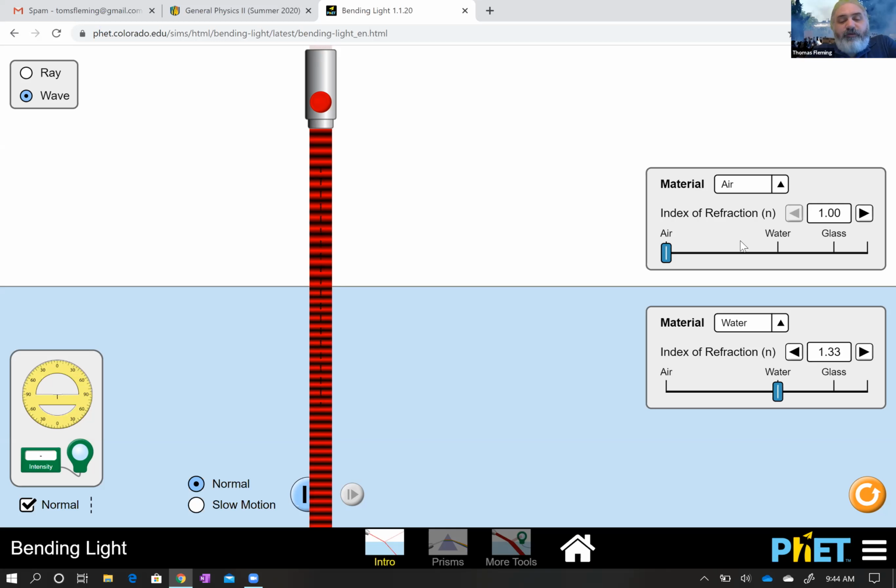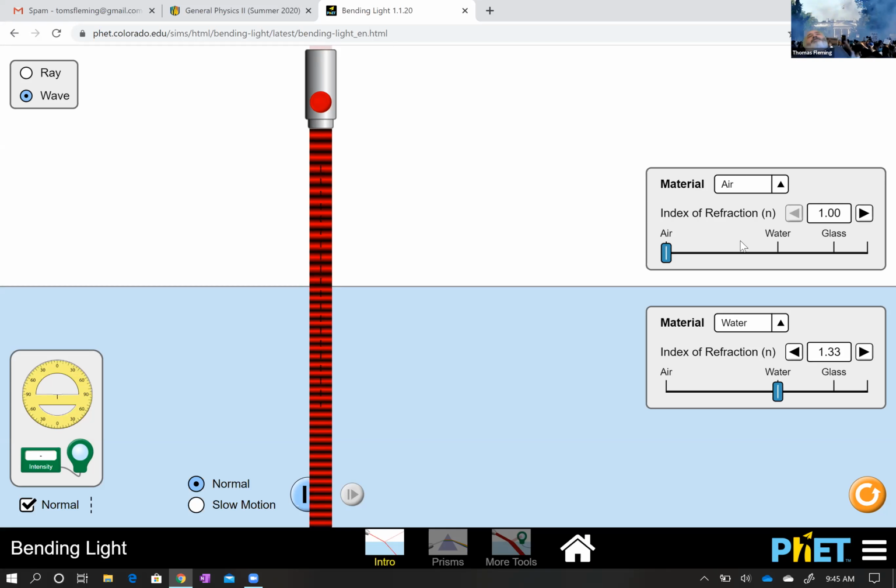And so that first wave front, that first little red stripe that hits the water, is going to slow down. However, when that first stripe slows down, the little stripe below it, the wave front behind it, hasn't hit the water yet. So it's going to take a brief moment for that second wave front to slow down.